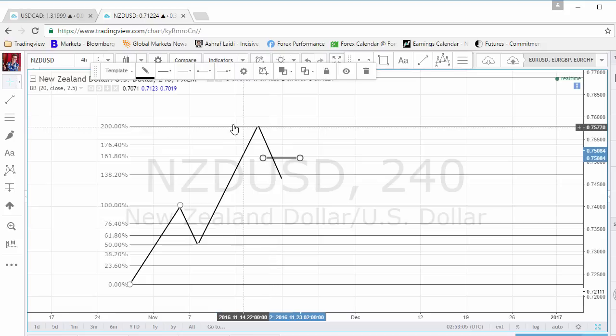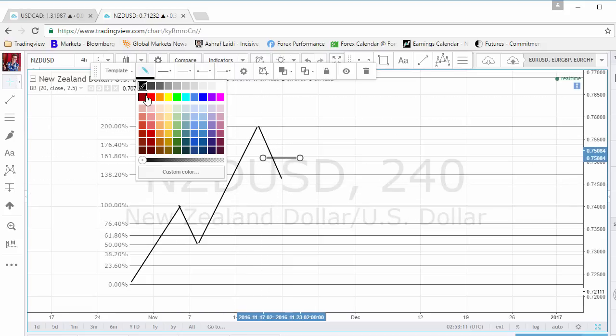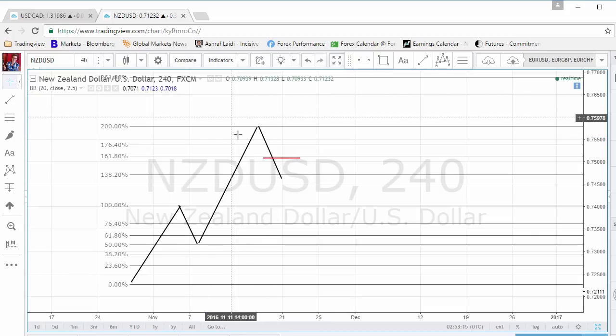And again, we never try to call the top or the bottom of a trade or a trend, but we always look for very clear signs that the trend is reversing. So you will never see us enter a trade around 200, 176 or 168 just for the sake of it, but we always wait for this to form, move into the opposite direction with confirmation that the trend is over.